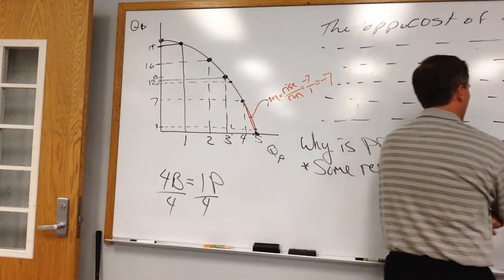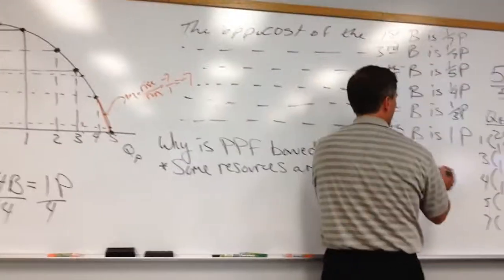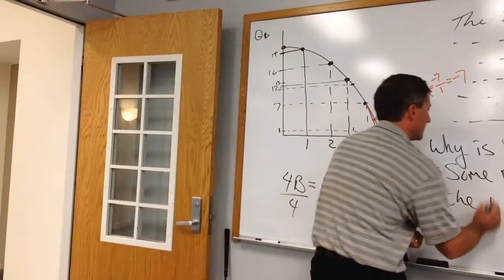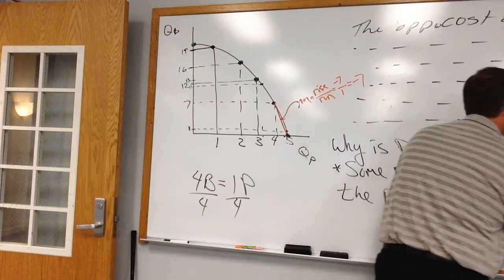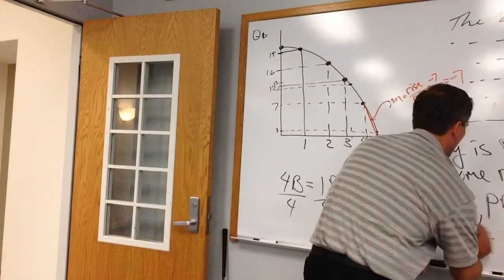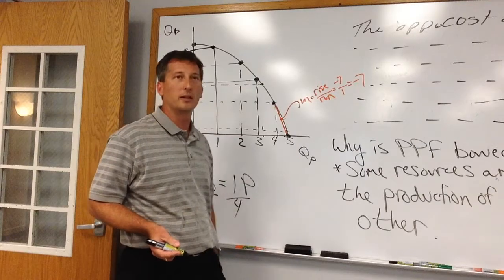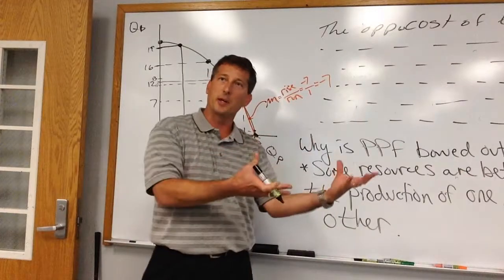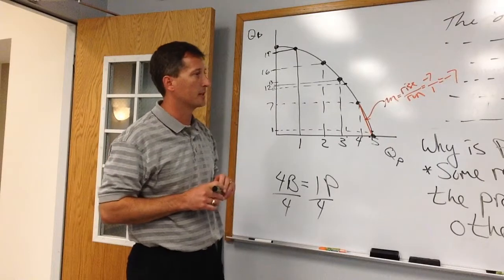Some resources are better suited for the production of one good or the other. Some resources are better for pizza production. Some resources are better for beer production. And that's why we get this bowed out look to the production possibilities frontier.